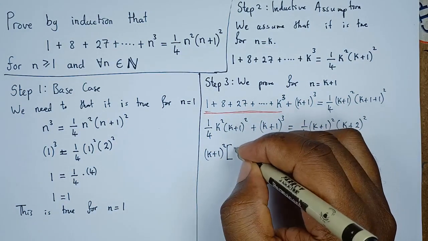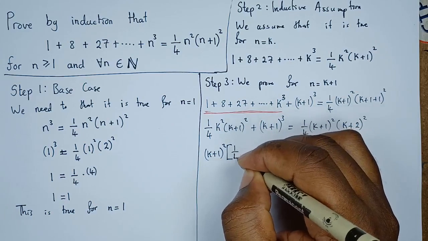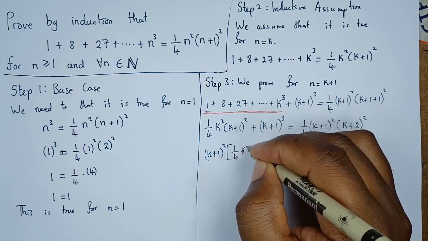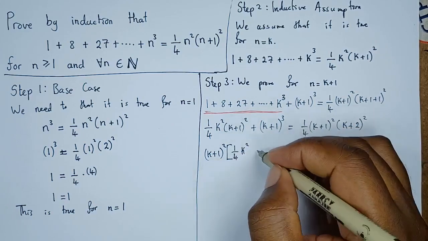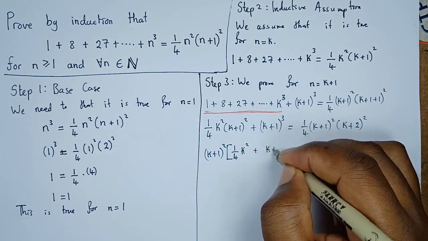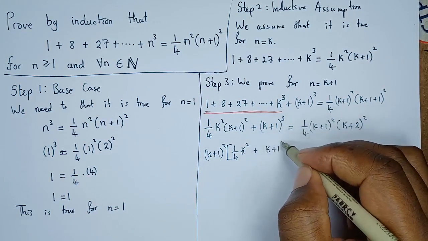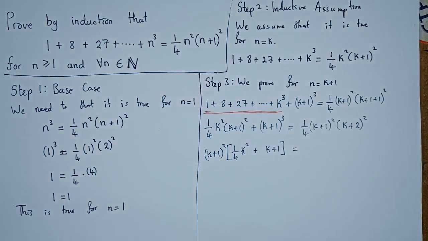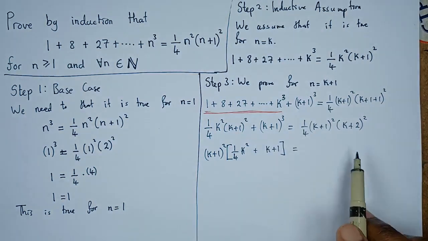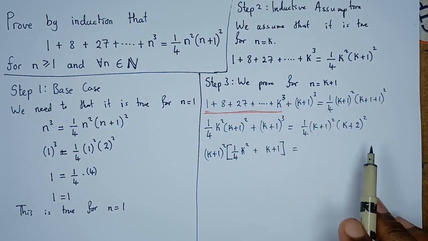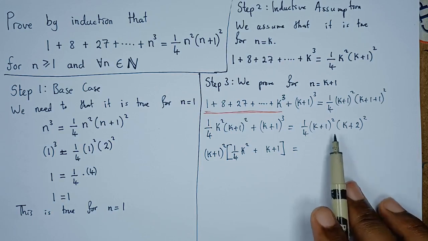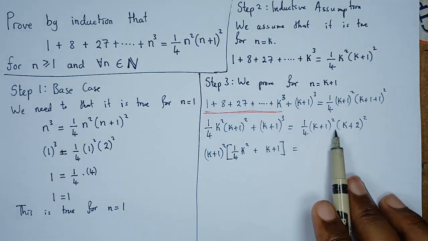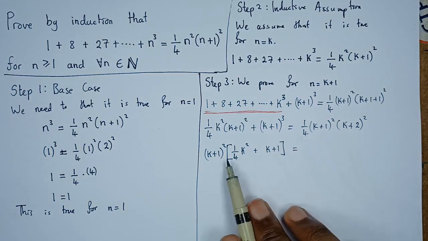What remains here will simply be 1 over 4 k squared. What remains here will simply be k plus 1, like that. This is equal to, for this side, let's also put this k plus 1 in a bracket like we did on this side.